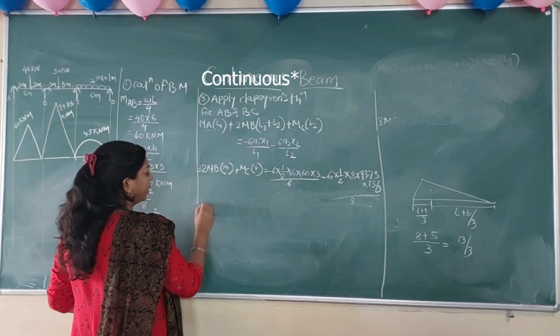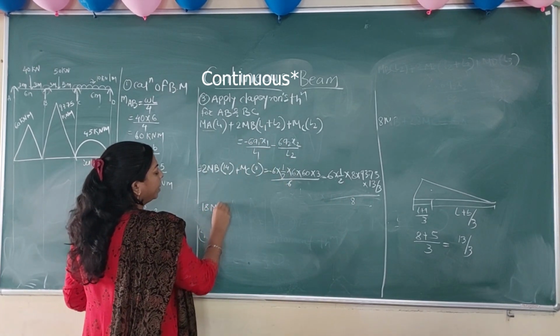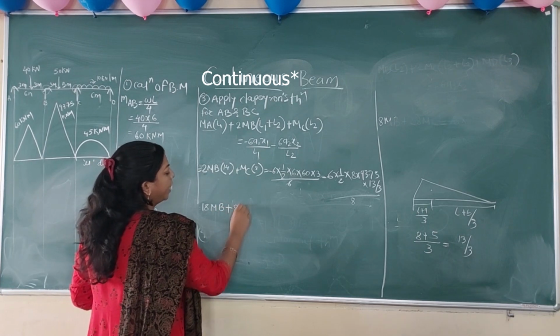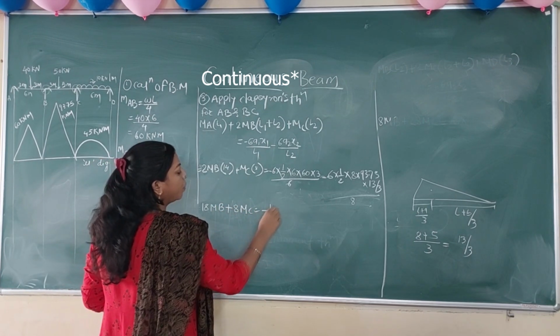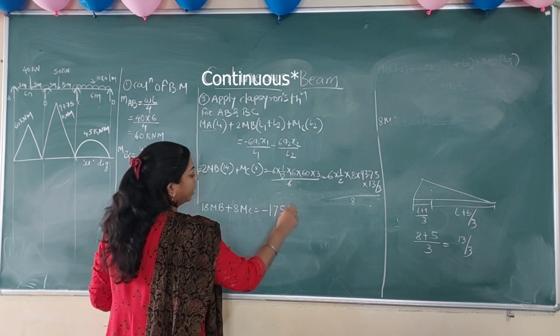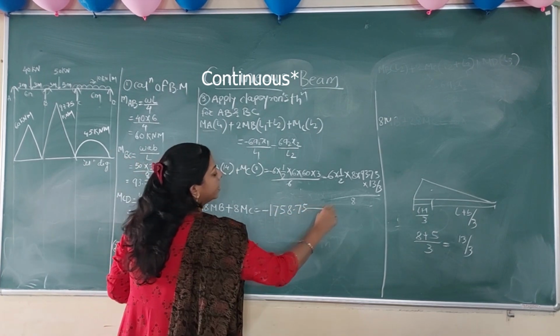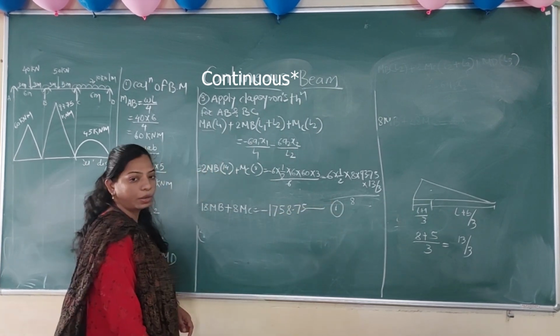By solving this we get 28 MB plus 8 MC equal to minus 1758.75. This is our equation number 1.